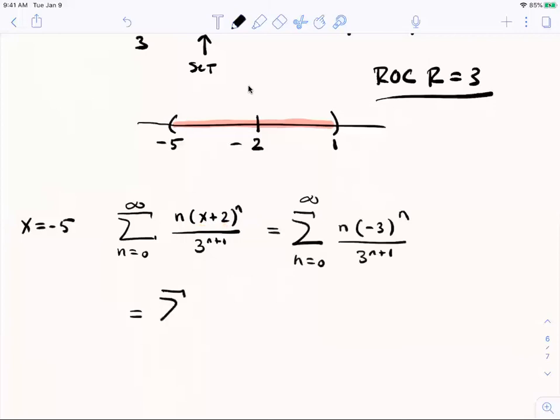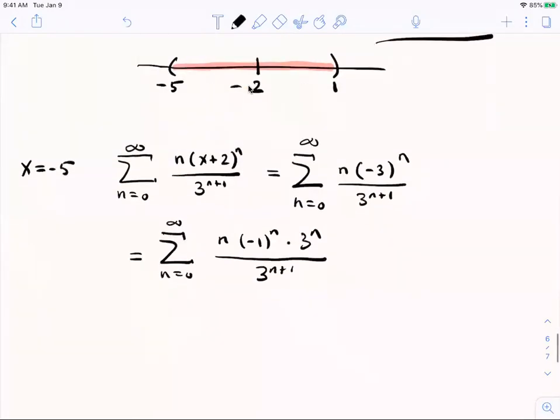That's the sum as n goes from 0 to infinity of n times -1 to the n. I'm going to split this -1 to the n times 3 to the n. And in the denominator, I've got 3 to the n plus 1. All right. So if we cancel 3 to the n in the numerator, 3 to the n plus 1 in the denominator, it just leaves me a 3 in the denominator.